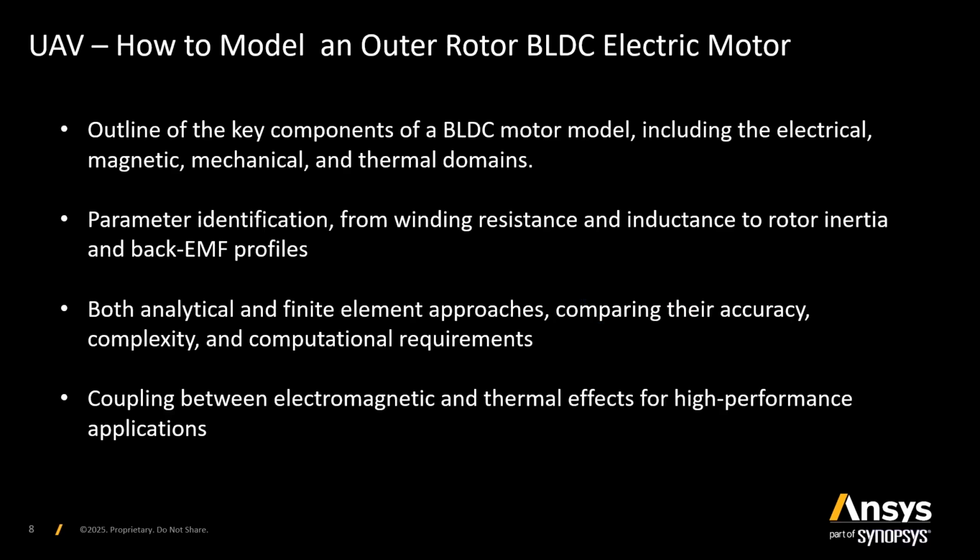We will look at the elements that are used to model this machine. Typically, we make use of a hybrid approach, combining finite element, 2D or 3D, plus analytical calculations. Also, we are coupling the analysis from the magnetic, thermal, and mechanical points of view so that we can investigate the effects of all the aspects for the high performance of this machine.